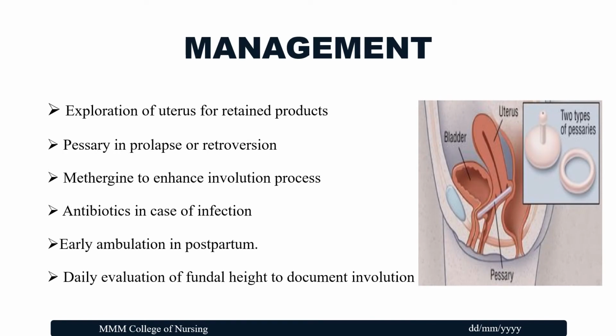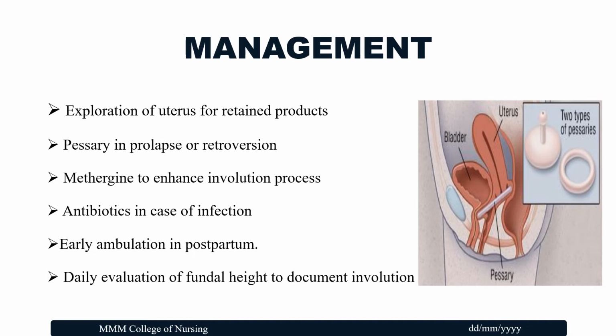Next is the management. In the management, we have to see that after the delivery, all the retained products should come out from the uterus. And if there is any retroversion or prolapse of the uterus, the pessary can be applied. And for enhancing the involution process, injection methergin is to be given.